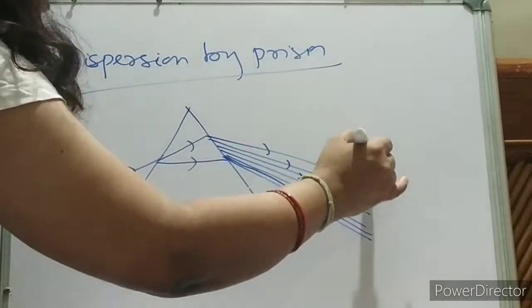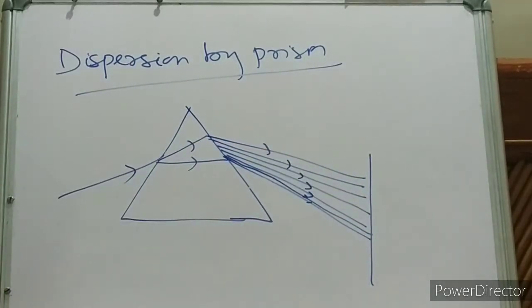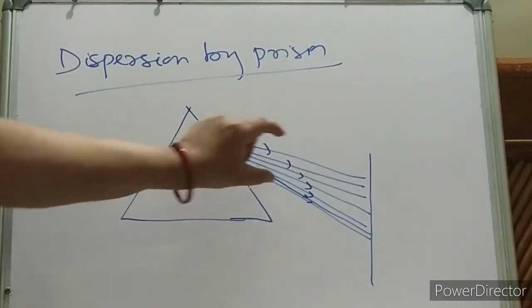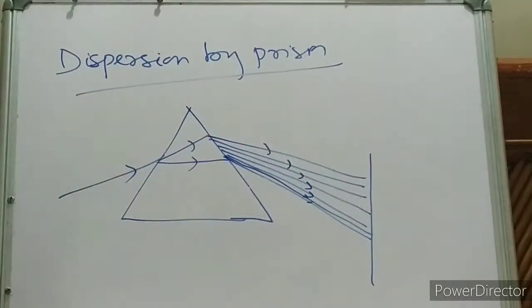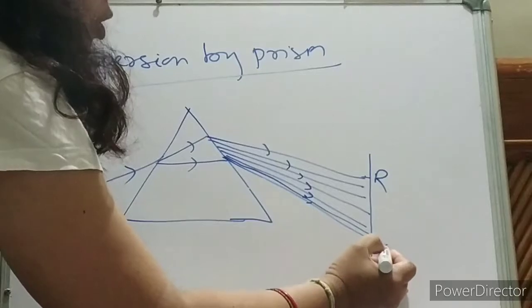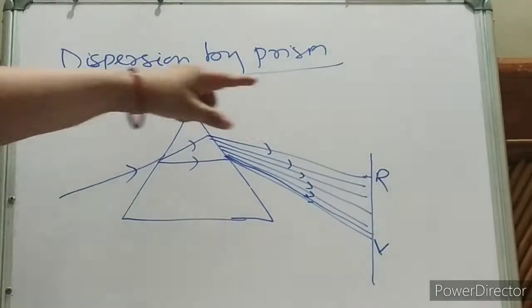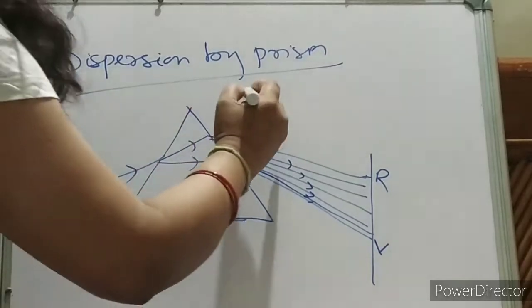How will you observe this? Keep a white screen over here and you can see the band of colors. Here it will be red and the lowermost will be violet. So the color sequence will be VIBGYOR.